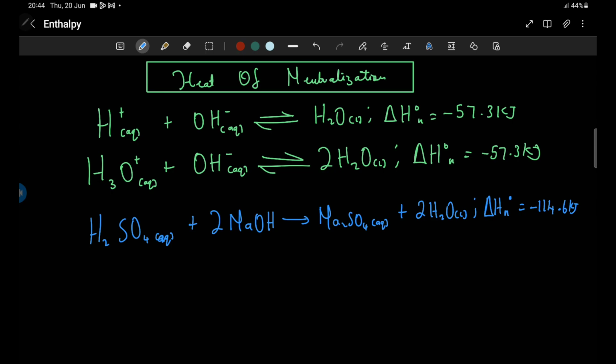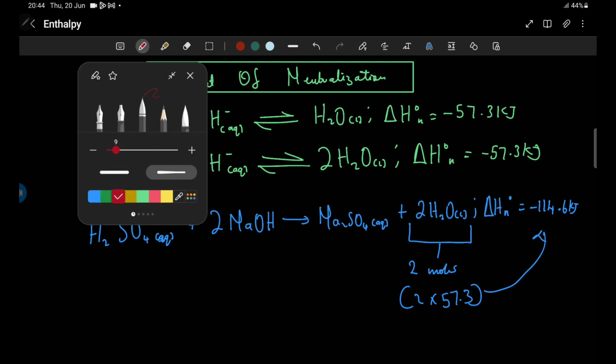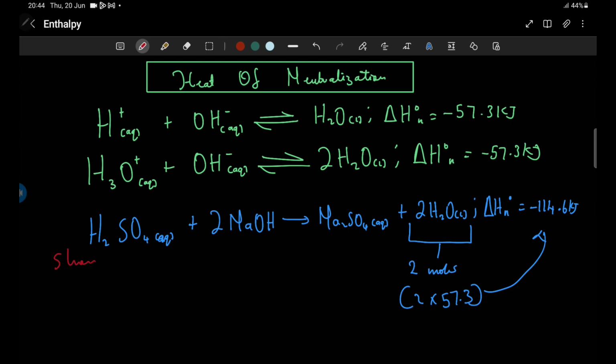Now, why is this so? That's because you have 2 moles of water here. That is 2 times 57.3 kilojoules per mole, giving you minus 114.6 kilojoules. And that's in the case of a strong acid, and this is a case of a strong base.